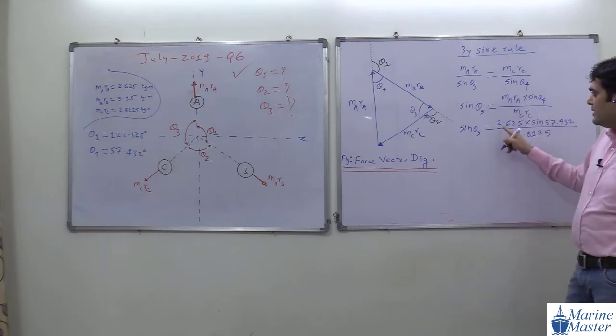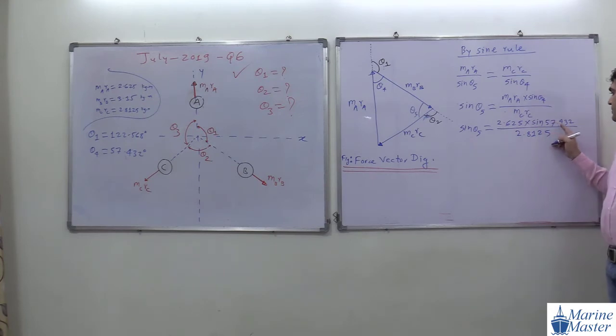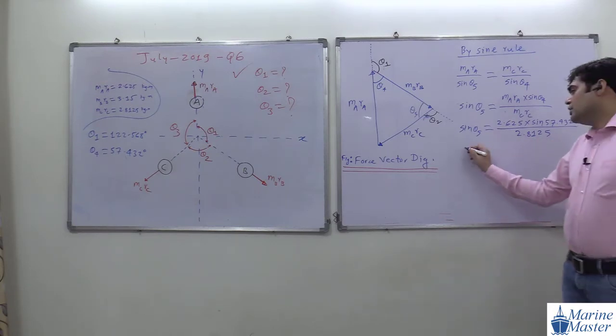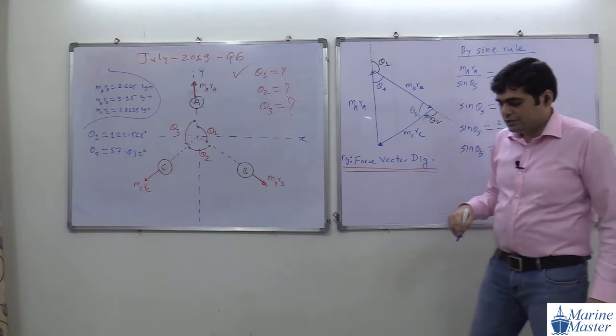Check it once again. MARA 2.625, 57.432 and MCRC is 2.8125. So sine theta 5 will be equal to how much? Please do the calculation.